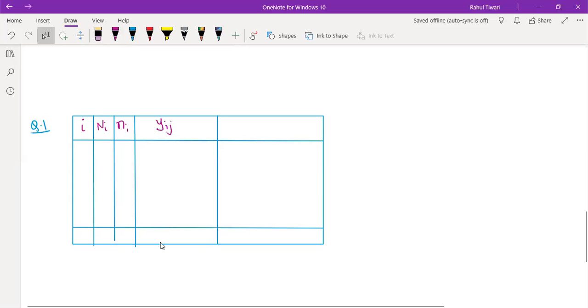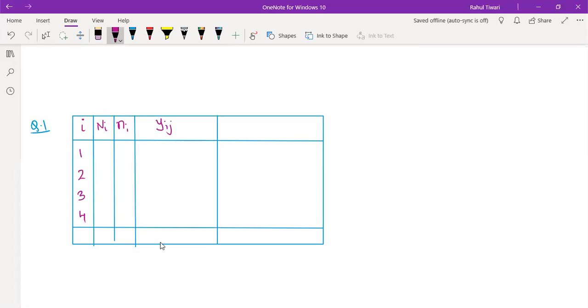We have 1, 2, 3, 4. This is called the stratum number. If I have only one, then I will say it's a straight term. Since I have more than one, it is a stratum. So we have four strata.